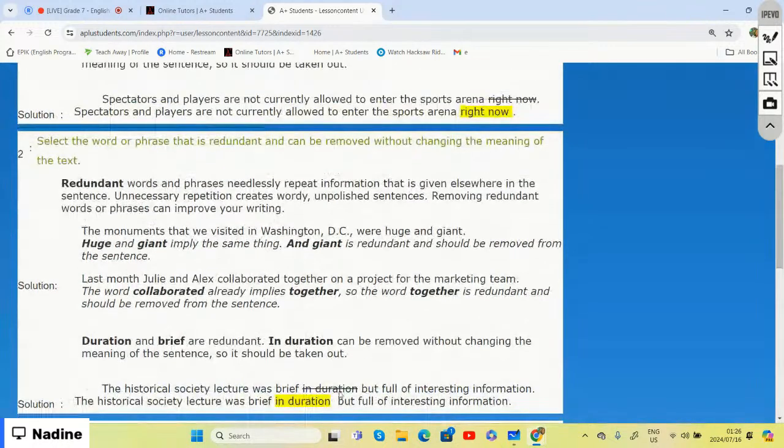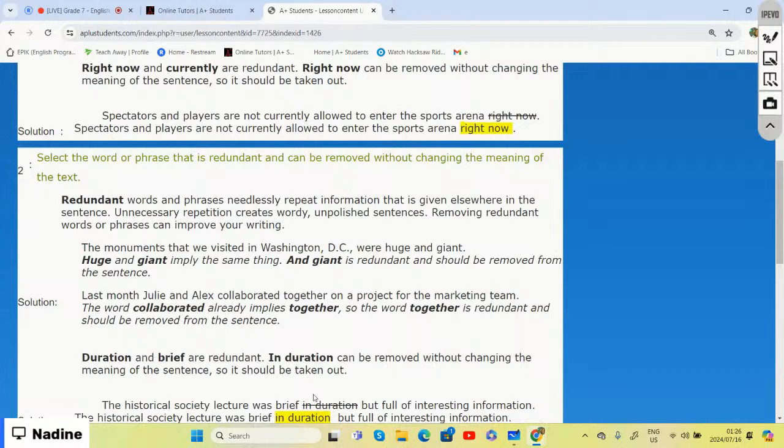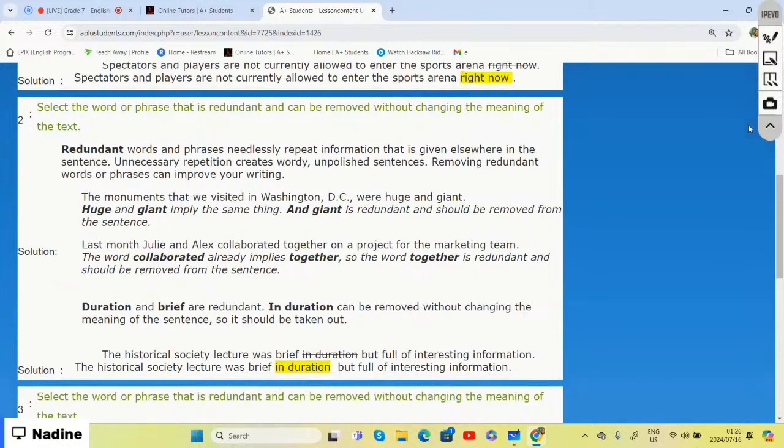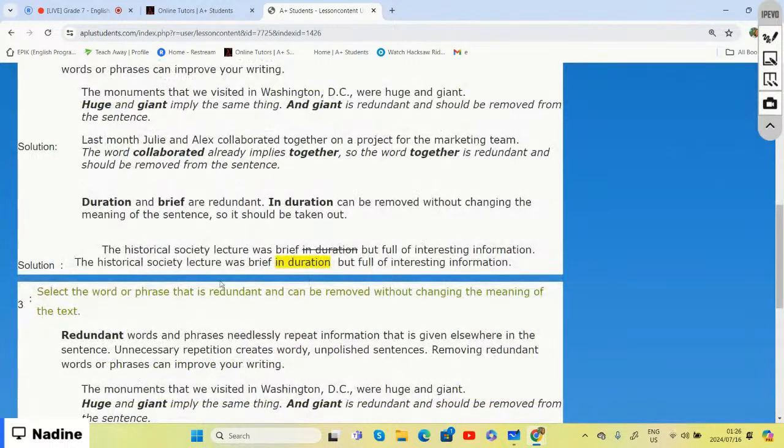All right. So even if you look at the next one, it says we need to select the word or phrase that is redundant and can be removed without changing the meaning of the text. Here it says the Historical Society lecture was brief but full of interesting information.